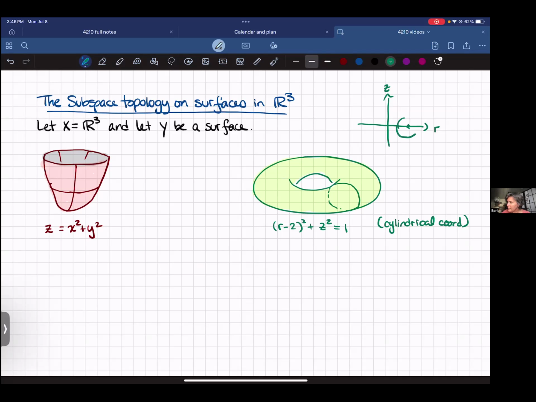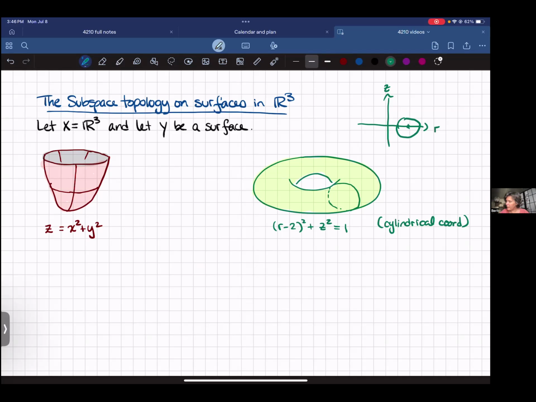So it looks like this. And r here in cylindrical coordinates is like the distance from the origin, so it would look like this in the x direction, this in the y direction, and this in the xy 45-degree direction. There's no theta in this equation, which means theta can be anything.